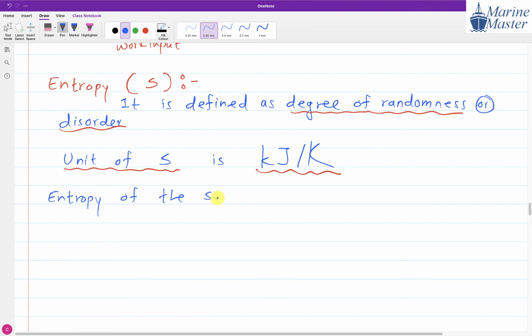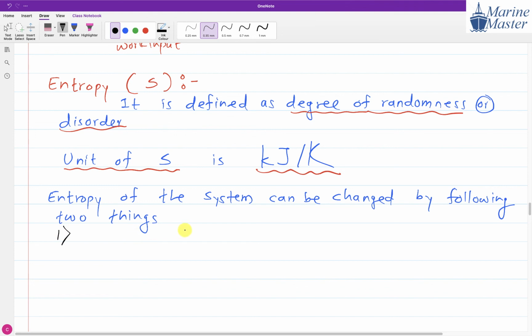Entropy of the system can be changed by the following two things. What will be our first thing? Try to understand the meaning of the first thing. The first thing is by heat transfer.